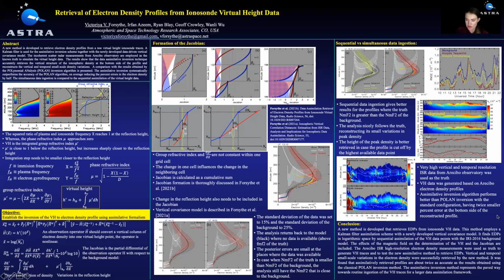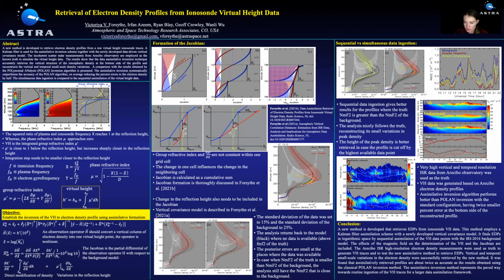So to sum everything up, this new method was developed that retrieves electron density profiles from the virtual height vertical ionosonde traces. This method employs a Kalman filter assimilative scheme with the newly developed vertical covariance model. It finds the EDP in logarithmic space by sequential assimilation of virtual height data points with the Arecibo 2016 background.